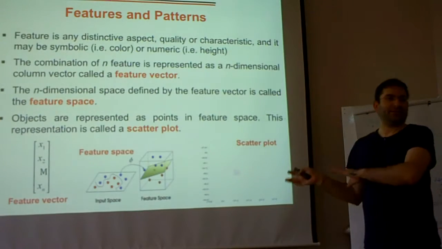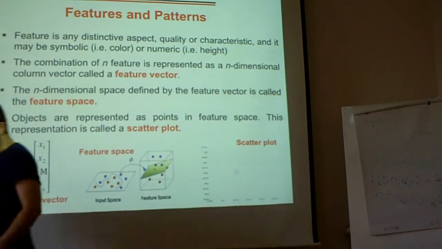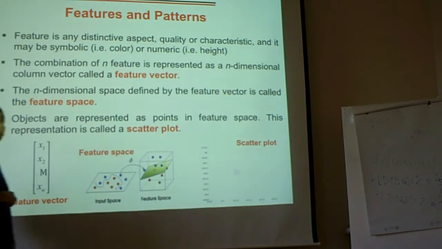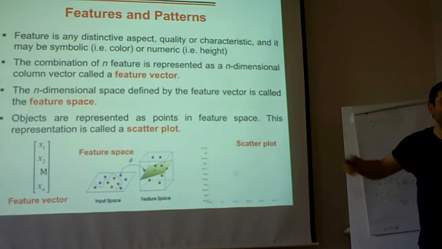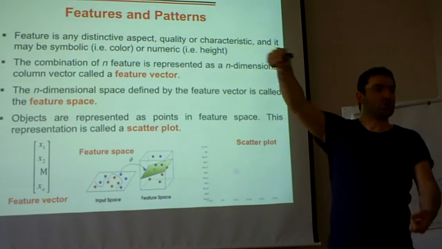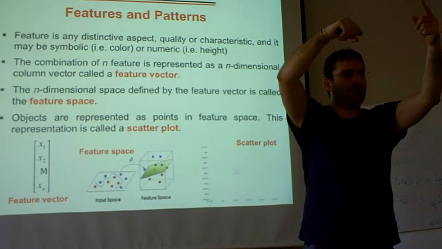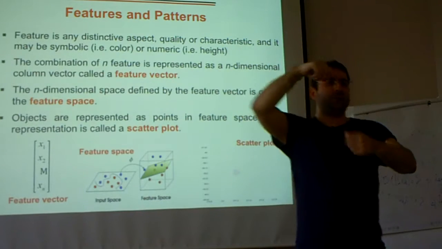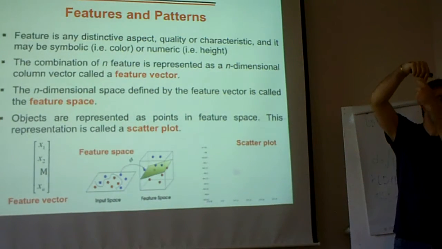Now, I am sure you have seen this slide, so sorry to duplicate it. You remember we said that if we have lots of features, we put the features in a vector and we call it a feature vector. Do you remember it? Like I showed you about a fish or a bird, we said that we have colors, gender, color of feathers, I don't know, weight, size, and all those things can be features.